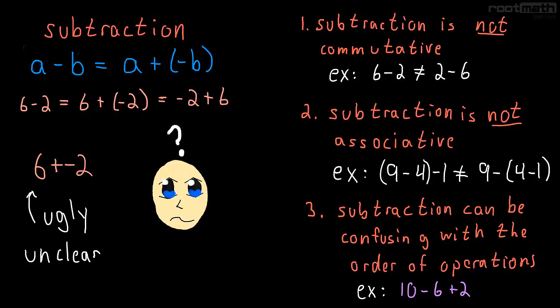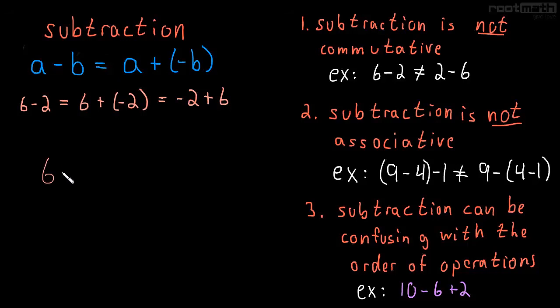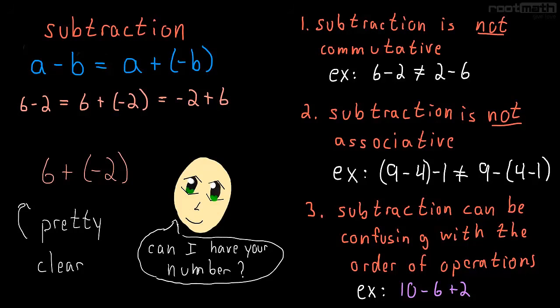So instead what we do is we put parentheses around the negative sign so that everything is really clear. If we look at this, it's very clear what we mean. We mean 6 plus negative 2. And now anybody looking at that will know exactly what you mean. Okay, so that's just a note about why we put parentheses around the negative sign.